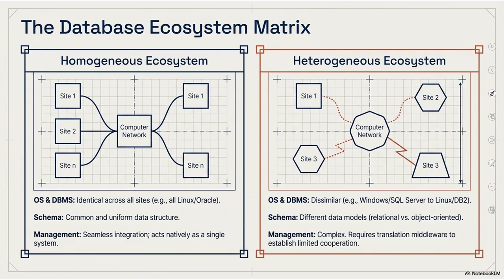We have two types of database ecosystems here. The first one is the homogeneous ecosystem, and the other is the heterogeneous ecosystem. Very simple.